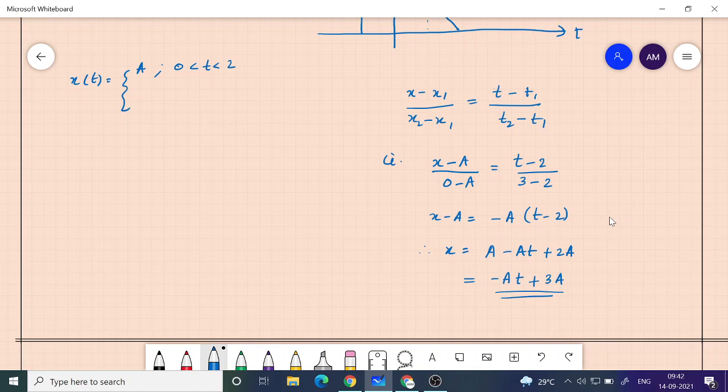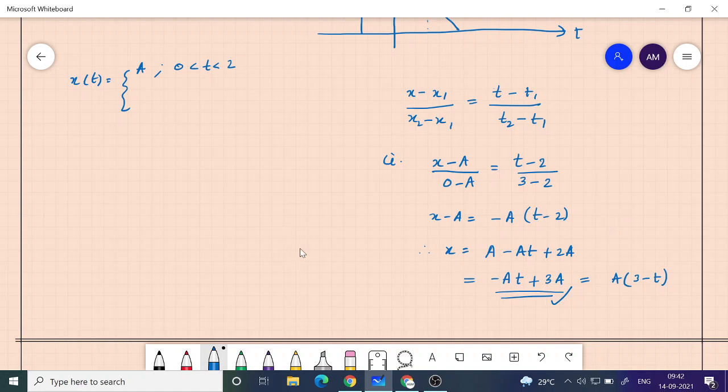This is the equation of the line that we get. It could also be written as a into (3 minus t).